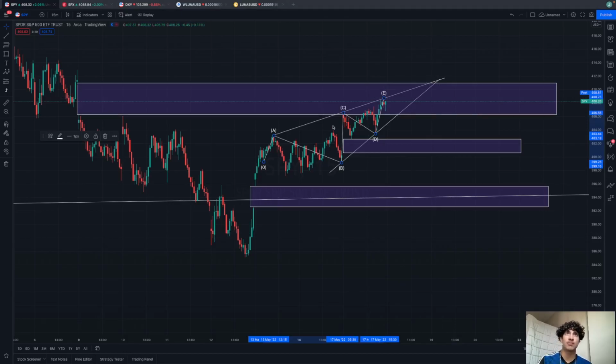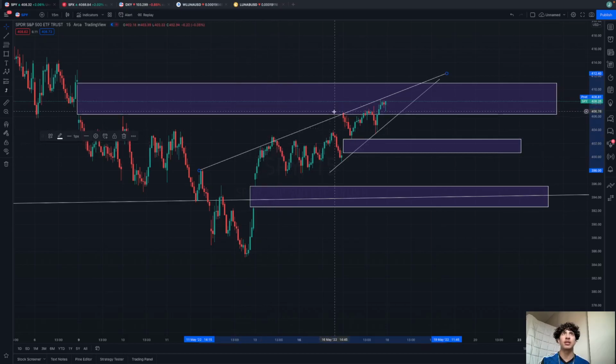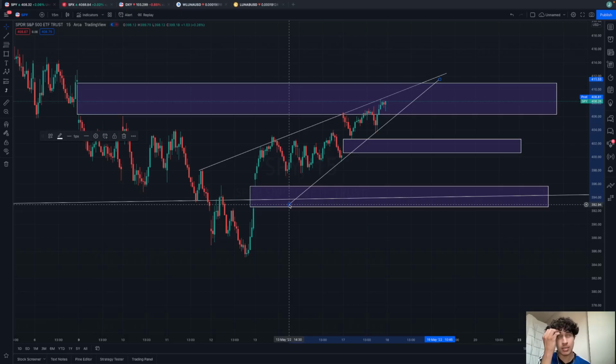It doesn't always have to respect it, but way more often than not it does. This trend line comes back to here too, not as clear, but it still respects it. And this bottom trend line, I'm not really sure where this is coming from, maybe something like this, but you get the point. You have support right around here, and it's been respecting that, but it looks like it's in a rising wedge to me, which is bearish.